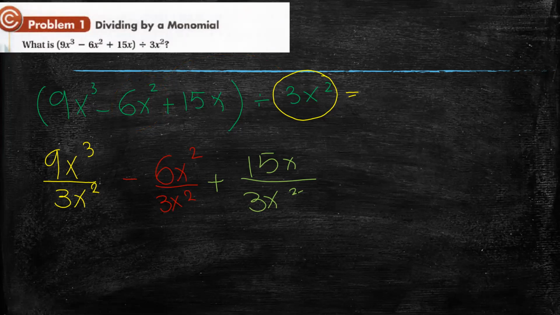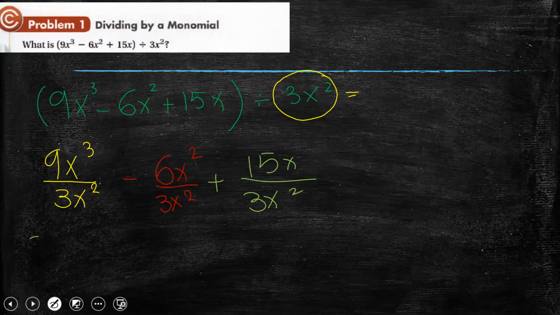Distribute each term over 3x squared. Is it clear? Yes, miss. Yes, teacher. Then after that, simplify if we can.